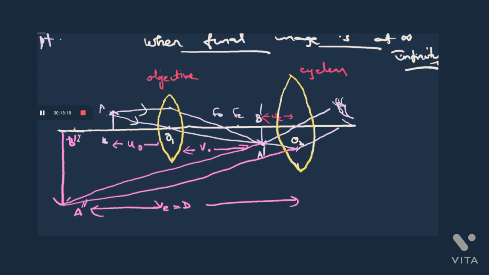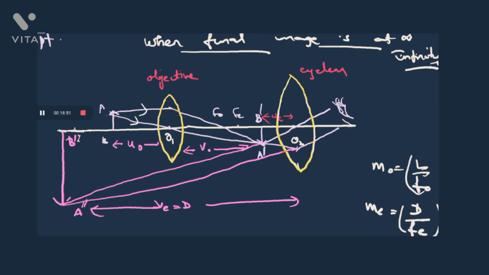In that condition, the magnification M naught will be L by F naught, because you can see the length of the tube here. As already we got the magnification, ME is the final image distance capital D divided by FE, so D by FE.